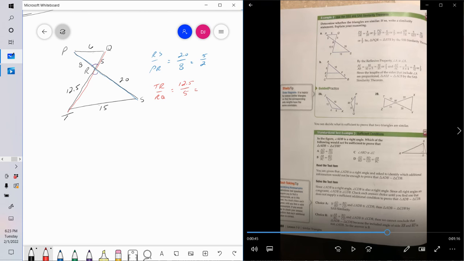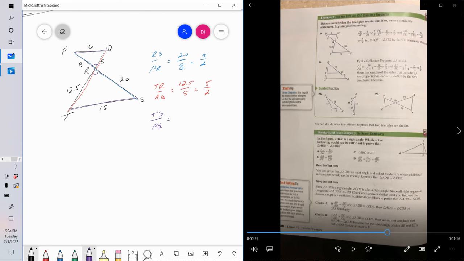That's going to look a little interesting, but I'm using my calculator here. If I divide 12.5 by 5, I get 2.5, which is 5 halves. Oh, we do have a constant scale factor. Let's compare that to TS and PQ.